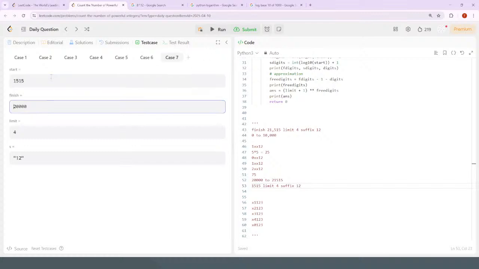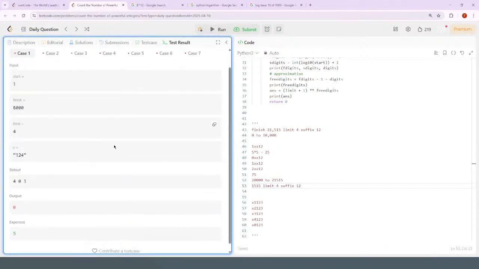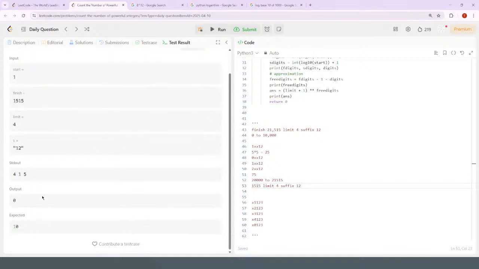So 1515. Start is 1. Limit is 4, suffix is 12. That's 10. Yeah.